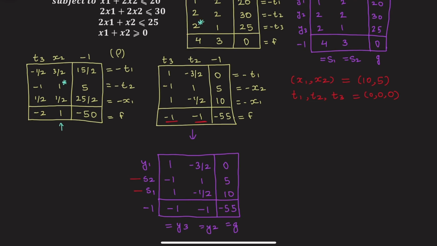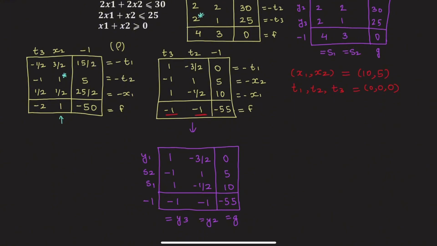Now for s2, the second pivot we chose was 1, which was in the second column. And in the dual tableau, the second column corresponds to s2. That's why we have s2 here. And we just swap the places of s1 and y3 like this, s1 and y3, then s2 and y2.